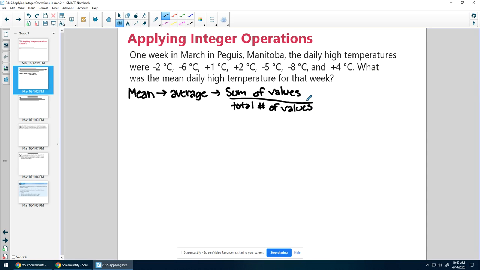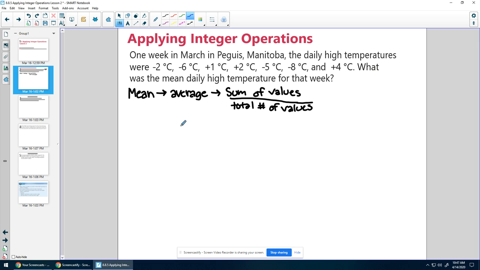Okay, so now that we have this, we can use the information provided in the problem to solve. So step 1, we know that sum means the addition, the answer to an addition. So we know we have to add all of our temperatures together.